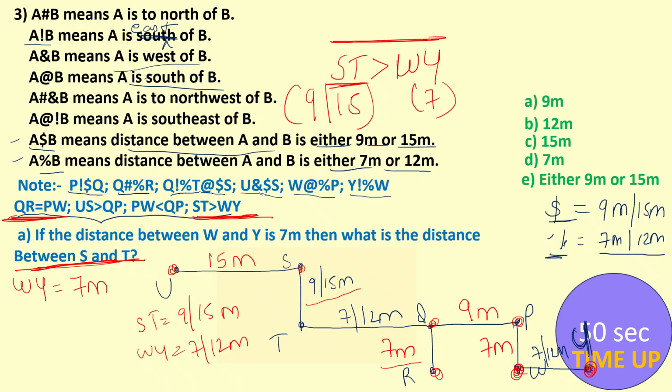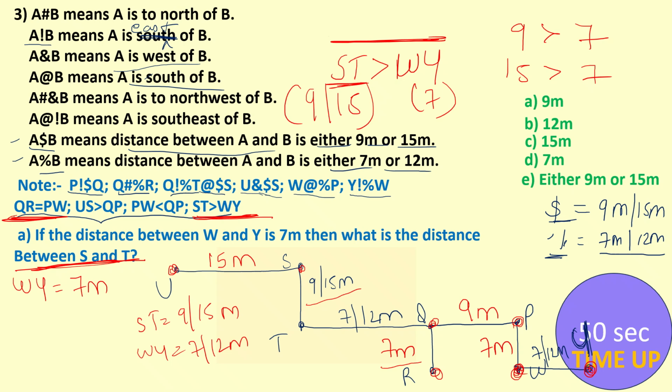ST should be greater than WY, that is the condition they have given. 9 is greater than 7, correct? And 15 is also greater than 7, correct? So ST can be 9 or it can be 15.